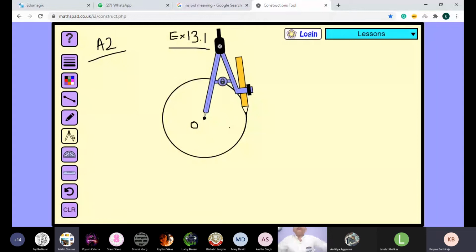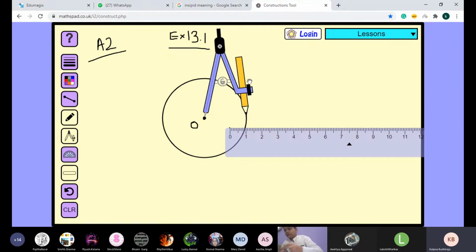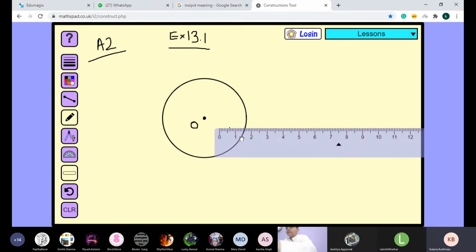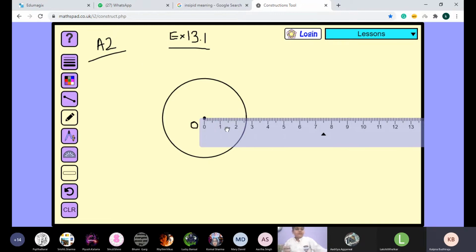In construction, you will do these steps one after another. Then, with the help of a scale, you are going to draw the line, that is the radius. From the center I am making a line here.